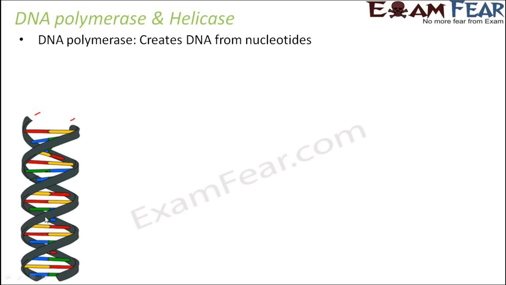So this entire creation of the new DNA is being done by the DNA polymerase. That means the main role is being performed by DNA polymerase. It will read the strand which is acting as a template to create the new strands, and the new strand will be complementary to the existing strand.